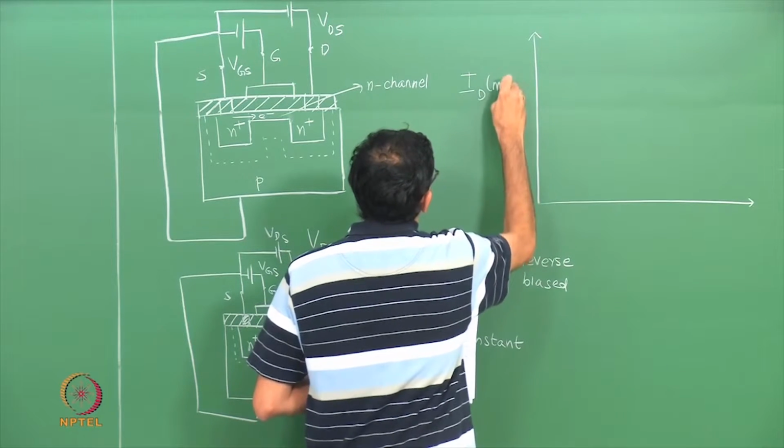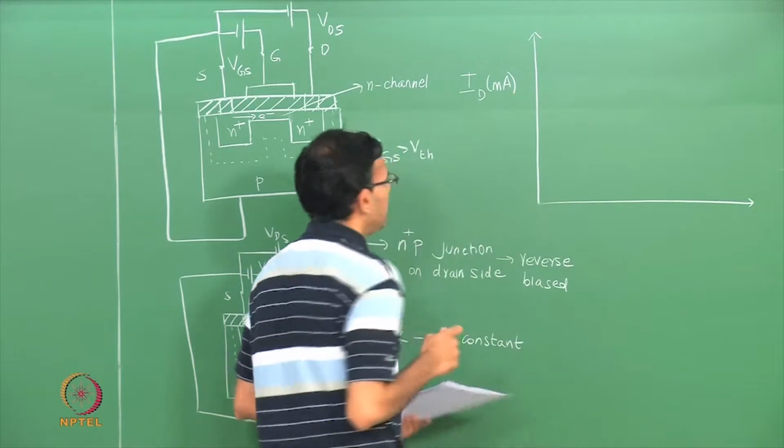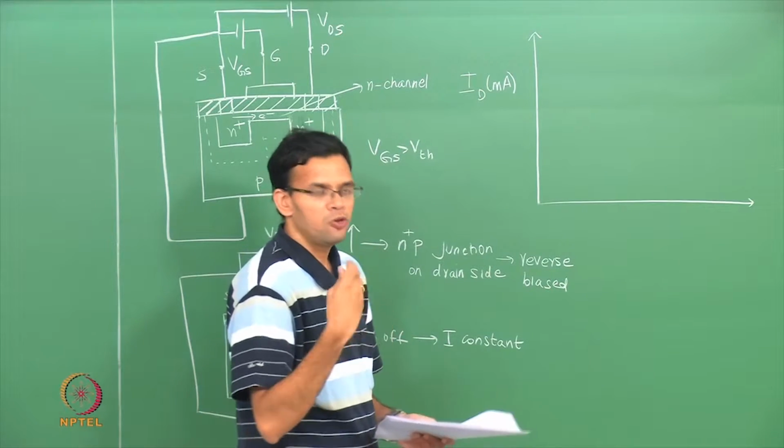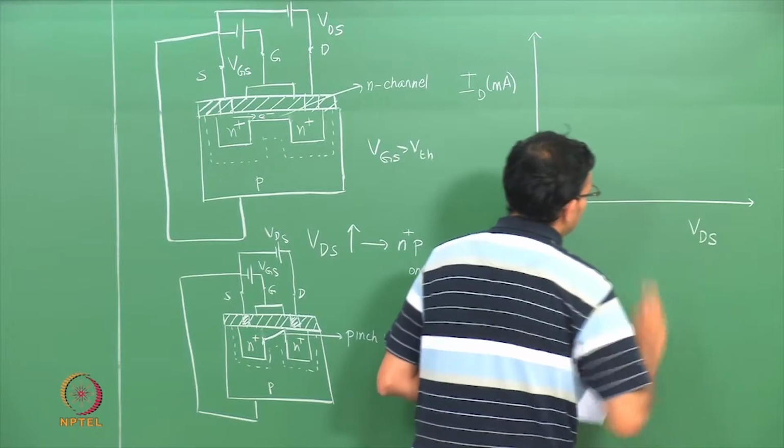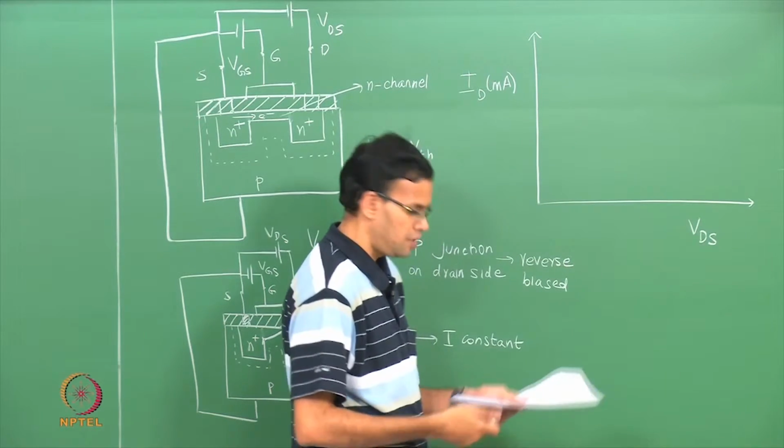So ID is the drain current. This is the current that is flowing from the source to the drain as a function of VDS, which is the voltage between the drain and the source.